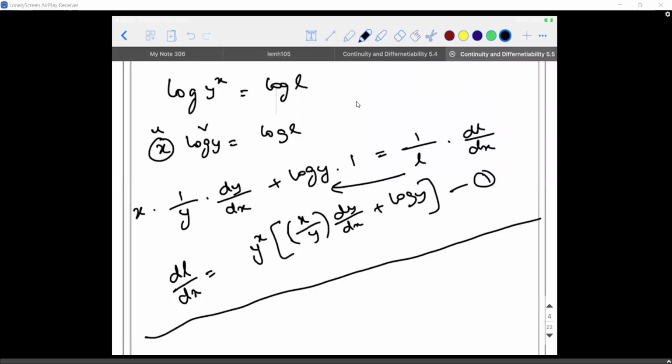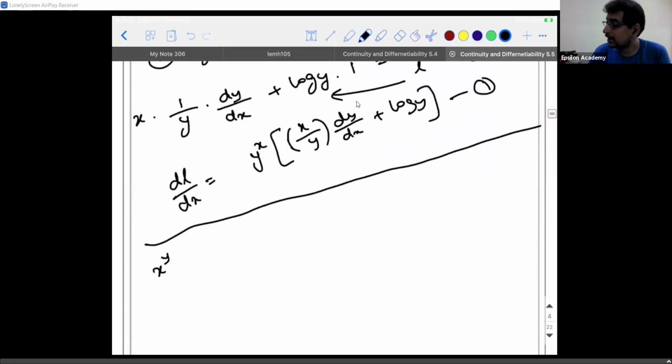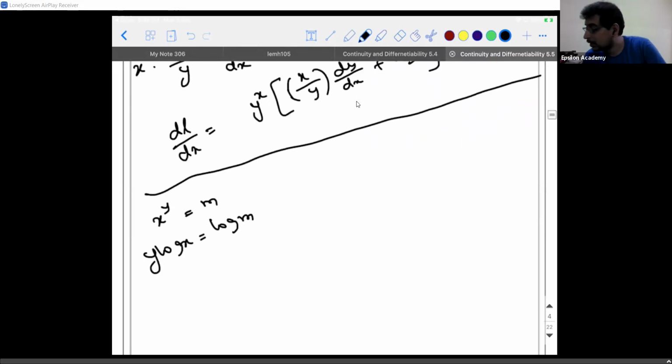I have a doubt. Here, all the differentiation is taken with respect to x, right? There also you will take with respect to x only. The only difference is you have x power y. X power y you will call as m. So y times log x is equal to log m. I hope you understood how this step came, taking log on both the sides. So this is u, this is v.